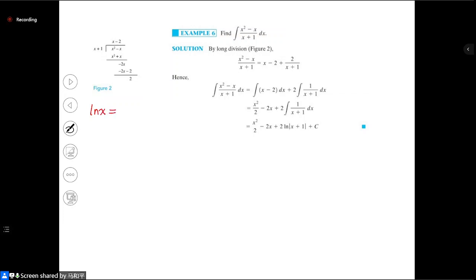ln x is equal to the integral from 1 to x of 1 over t dt, right?